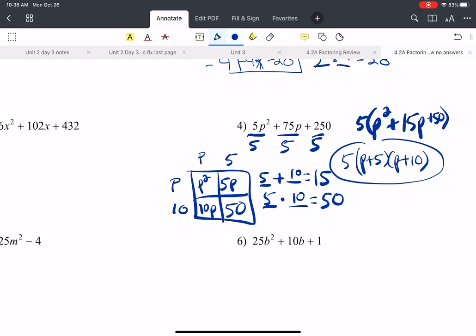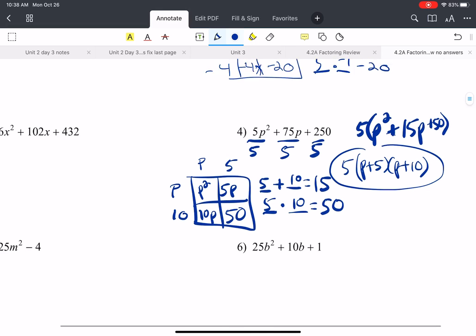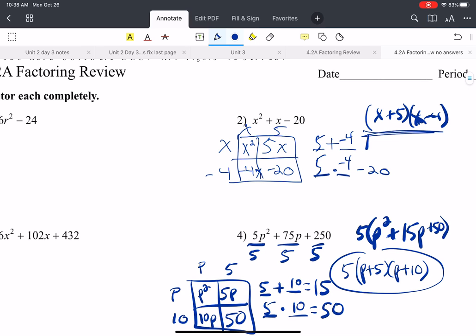Because on this one, even though it was 5, I could take the GCF out and notice it's just like a 1, right? And then on number 2, it's the same idea where there was no GCF, so my A is just like a 1, okay? Anytime your A is like a 1, then you don't really have to do the box because once you fill out your puzzle, those blanks are your factors, okay?